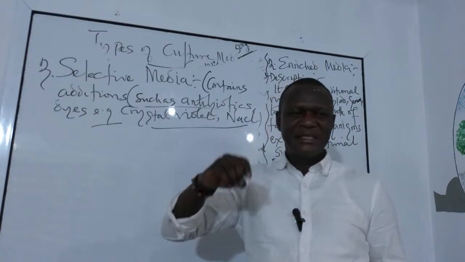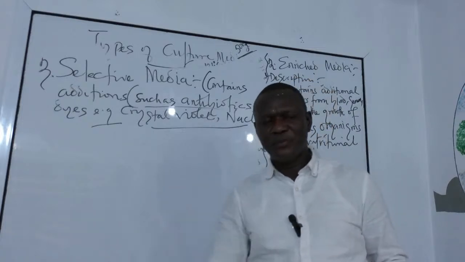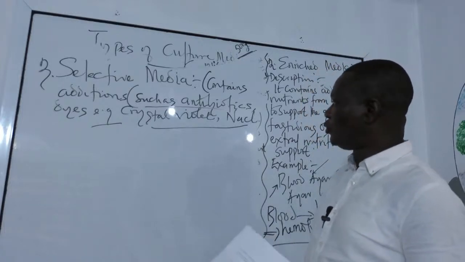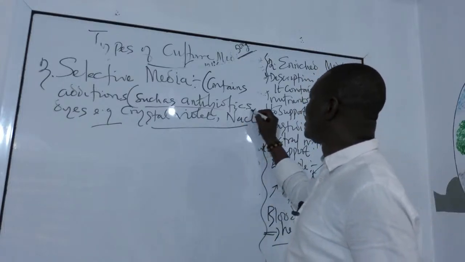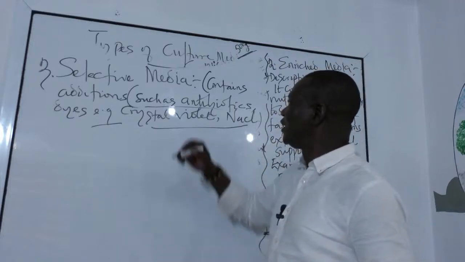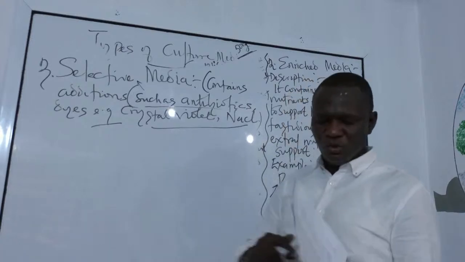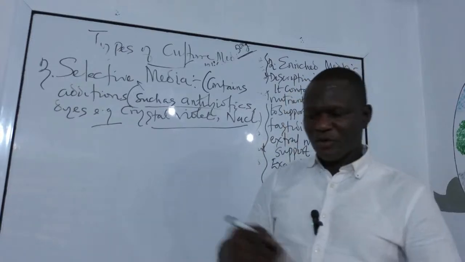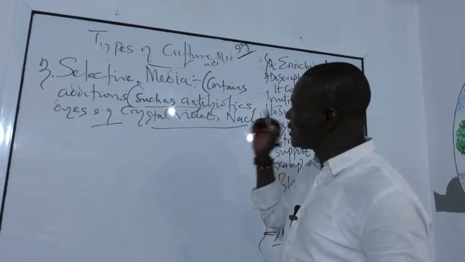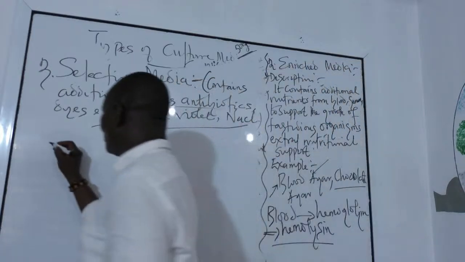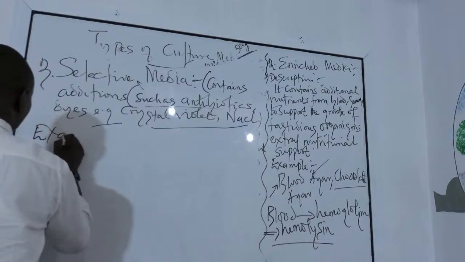You still add some other things that other people might not like at all. That is the same principle. You select the growth of some while you deselect the growth of others. So in this case, you are selecting. Let me give you examples.